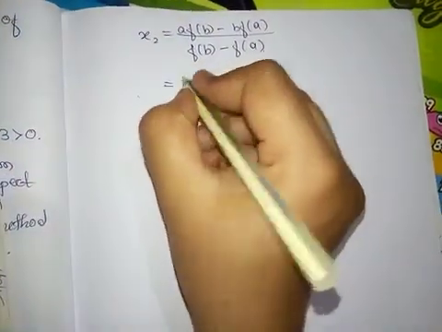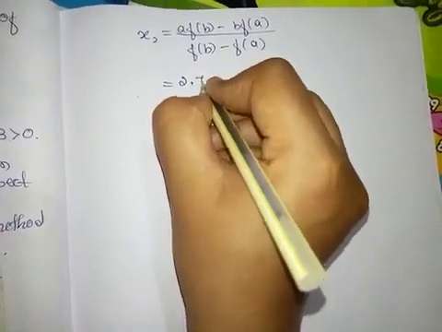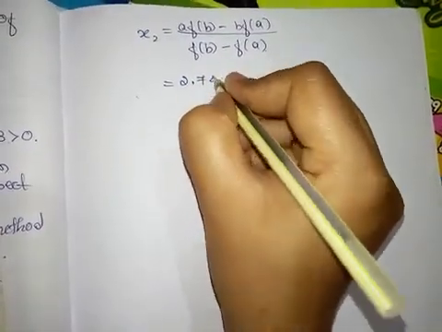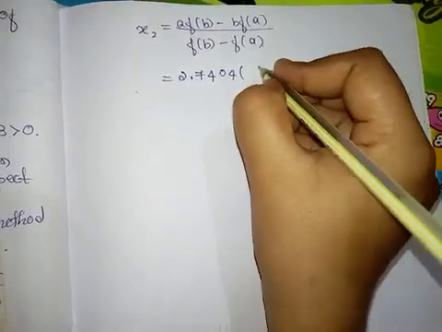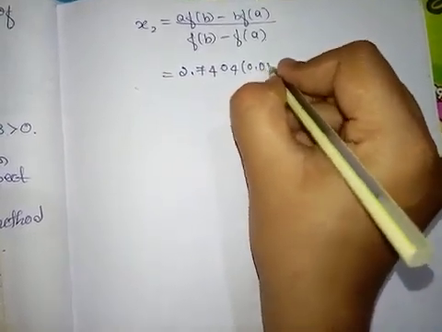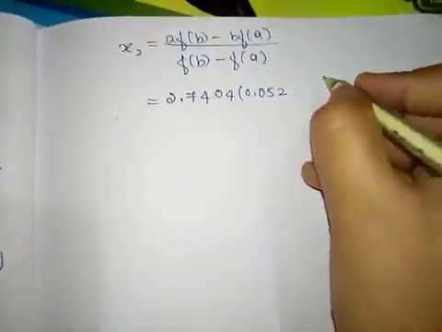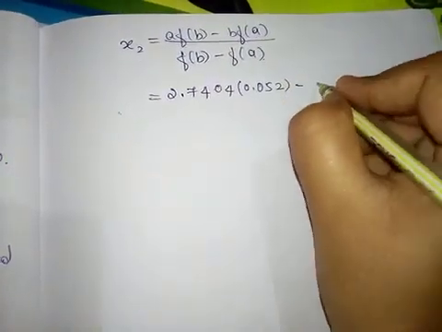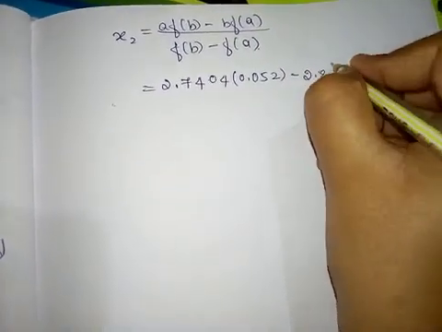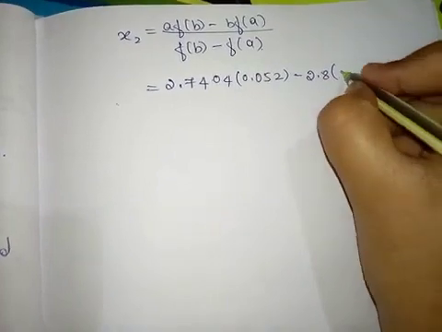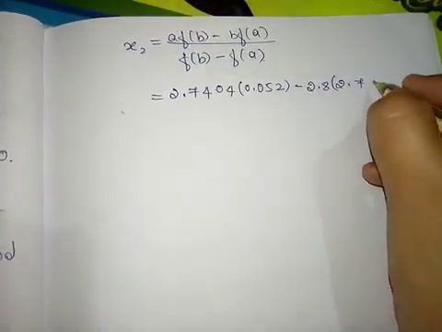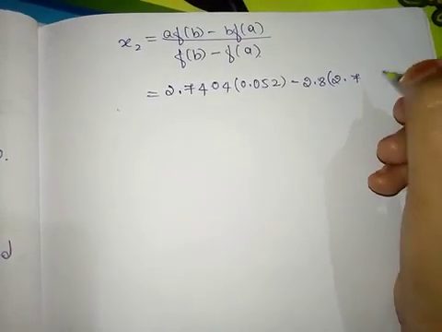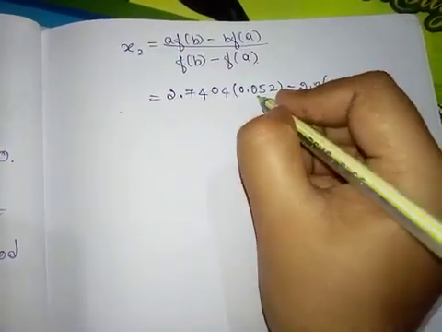A value is 2.7404 and f of b value is 0.052 minus b is 2.8. Sorry, here f of b value is correct.